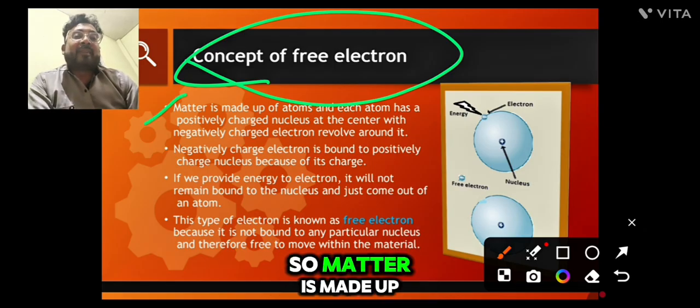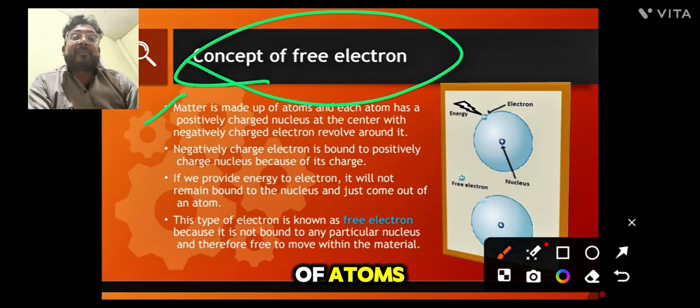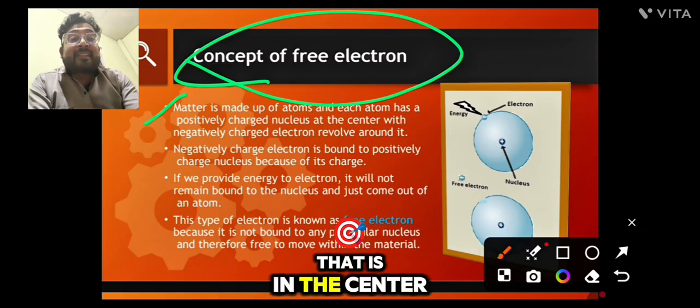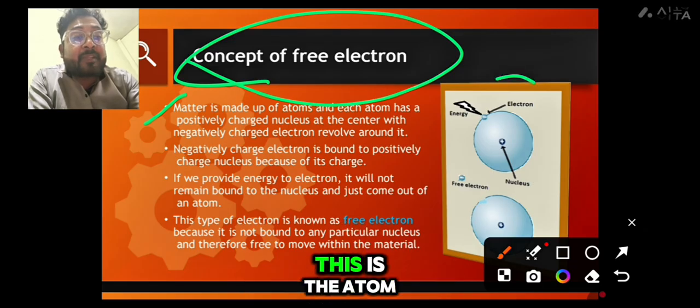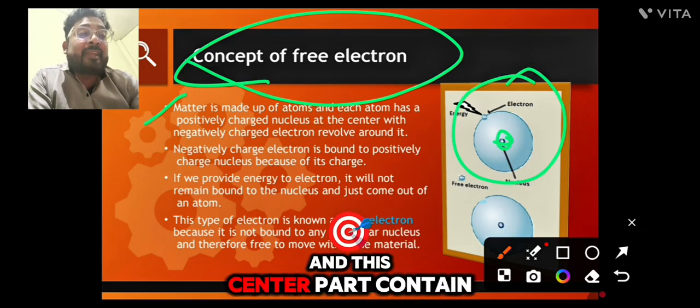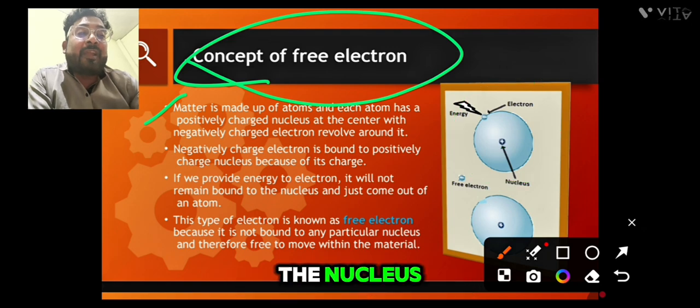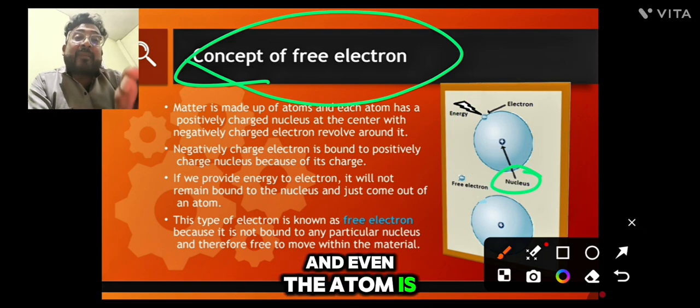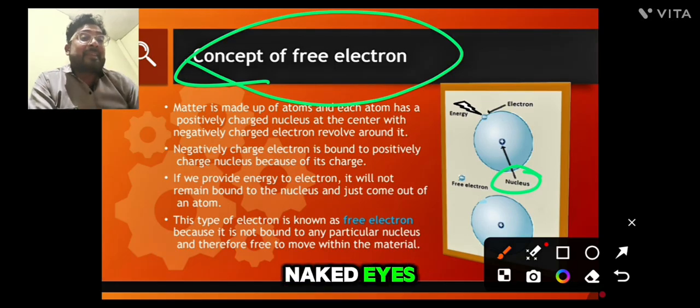As we talk about matter, matter is made up of atoms, and each atom has charges. Suppose this is the atom. In the atom you can see this is the center, and this center part contains the nucleus. You can see the nucleus, and even though the atom is very small, you cannot see it with the naked eyes.